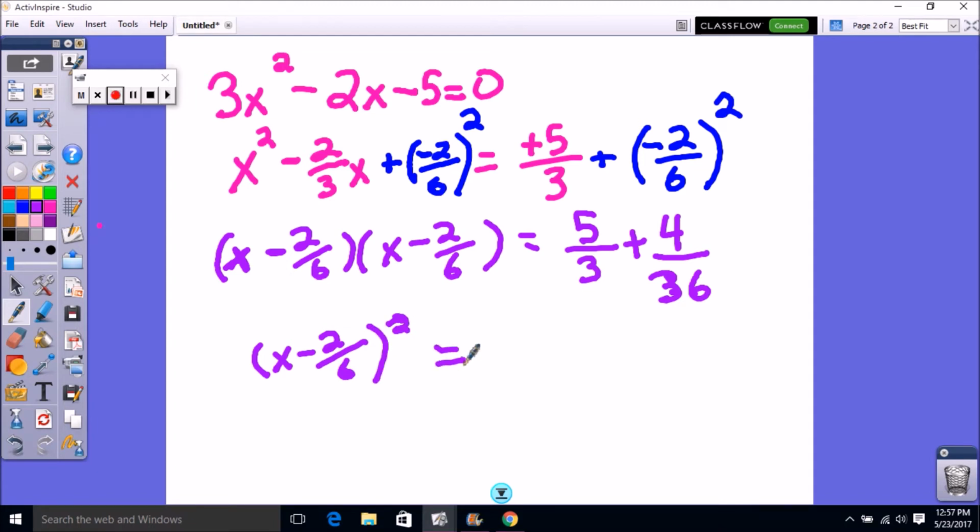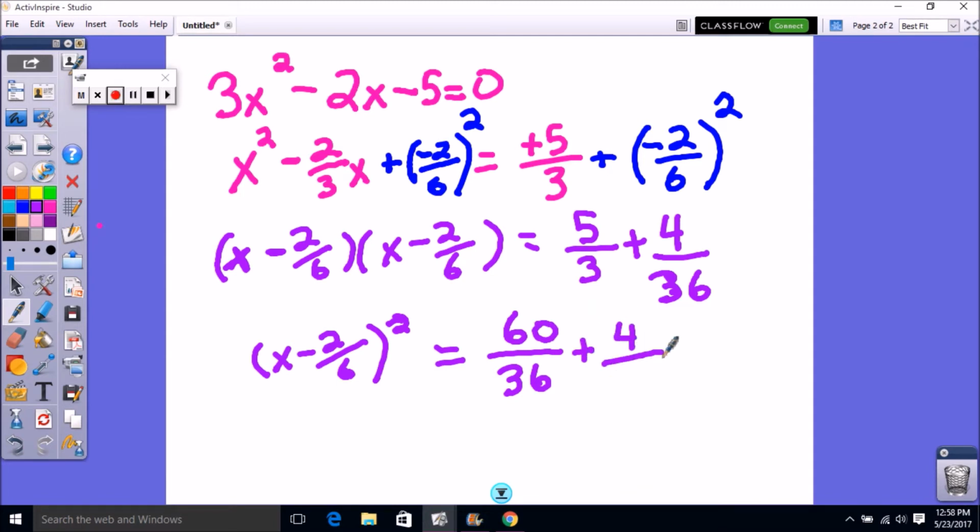On this side, in order to add these fractions, I need a what? Common denominator, so it's going to be 36. To get from 3 to 36, I multiply by 12, correct? So multiplying by 12 on the top gives me 60.